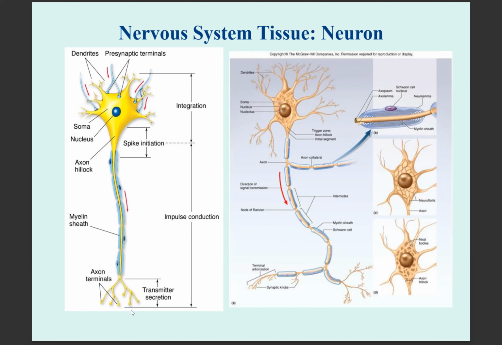And this axon terminal is where the neurotransmitters are released to give information to the effector. One thing I would want you to find out is what is the essence of the Nissl bodies and the neurofibril, and what are the differences between the two.